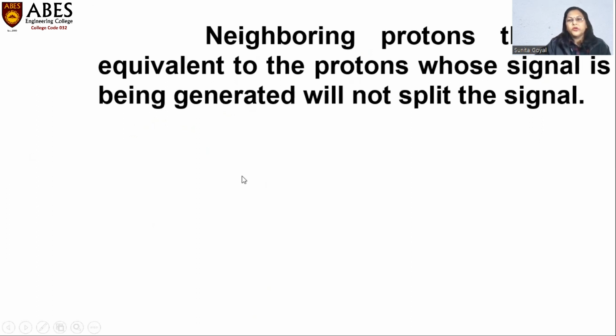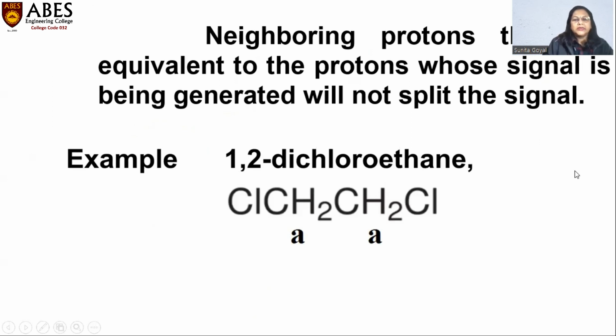Now, neighboring protons that are equivalent to the protons whose signal is being generated will not split the signal. Like this, we have done this example already, that CH2 and CH2 are seen as different, but they are in the same chemical environment. So they are equivalent protons.